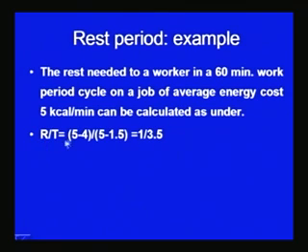Here we can use the same equation, R by T is equal to K minus S divided by K minus the basal metabolism rate, where K is 5, the energy cost of the work, S is 4, the upper acceptable energy limit, and the basal metabolism rate is 1.5 kilocalorie per minute, that is the energy consumption of the worker when the body is at rest.